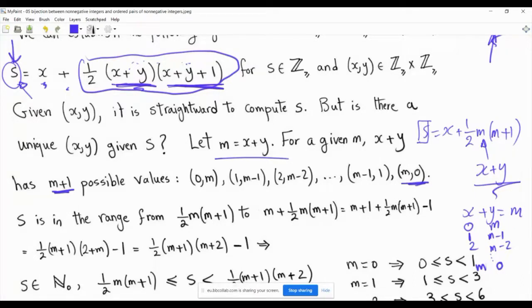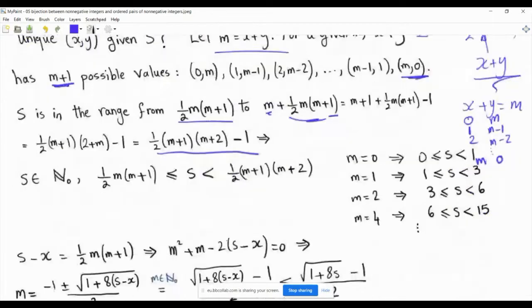So for a given m, x may be 0 and y equal to m, and in that case s will be half m times m plus 1. Or if x is equal to m, then s will be equal to m plus half m times m plus 1, which can be put as this quantity here, half m plus 1 times m plus 2 minus 1.